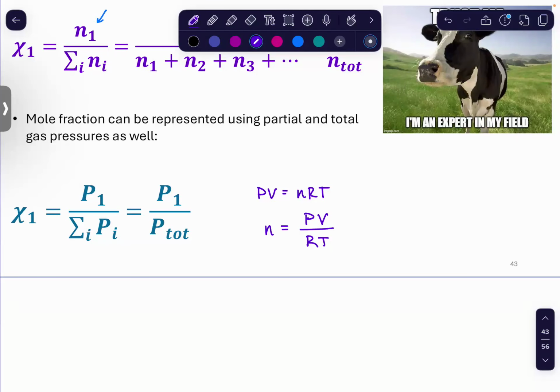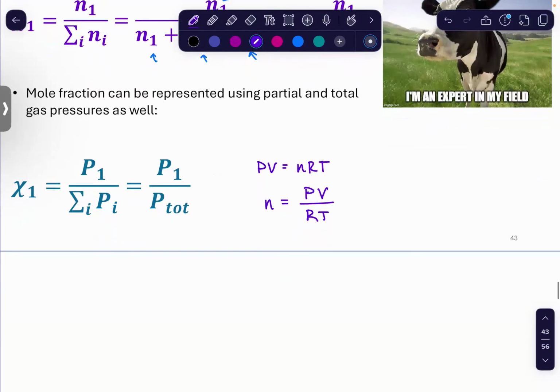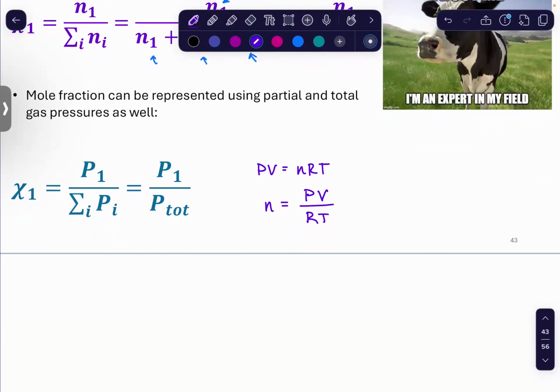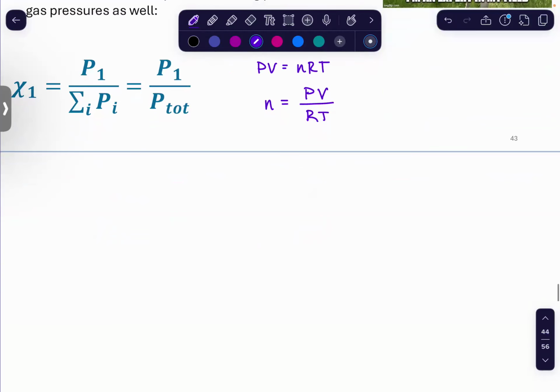Now, you remember here we have the moles of just one of our compounds over the total moles, so it's the moles of each individual compound. And when we're working with partial pressures, we know that your pressure will change along with number of moles, and V, R, and T are constant. So we can separate these out. So the number of moles would be P times V over RT.